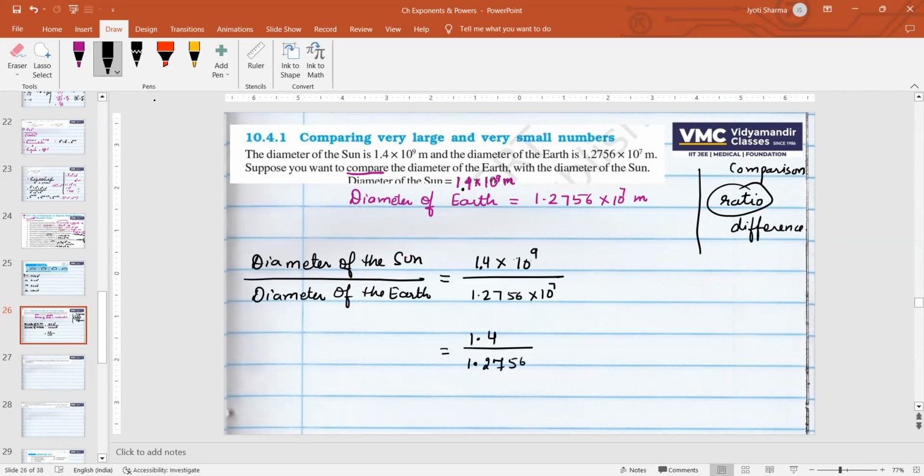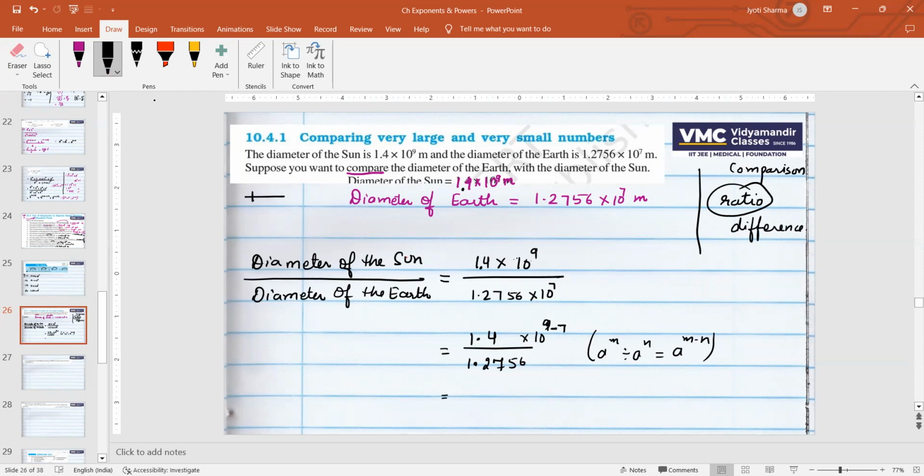This will become 10 to the power 9 minus 7. And you can see this is 1.4, this is approximately 1.3. So they are very close to 1, because on a number line there is a very negligible difference.